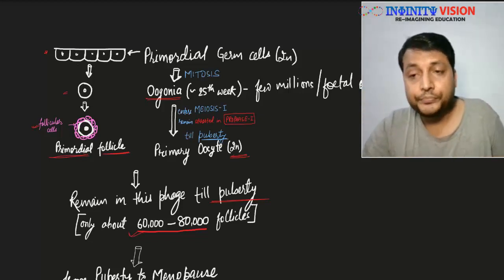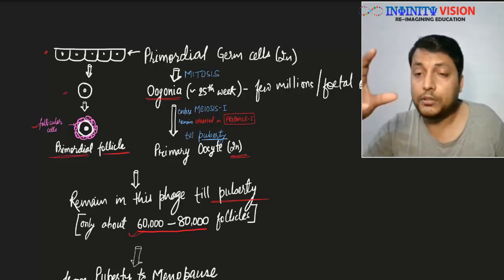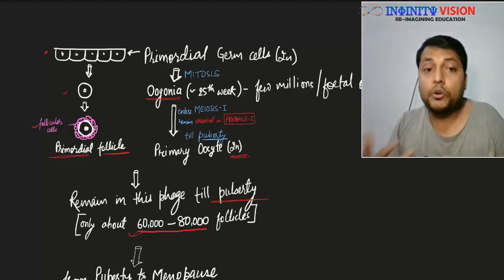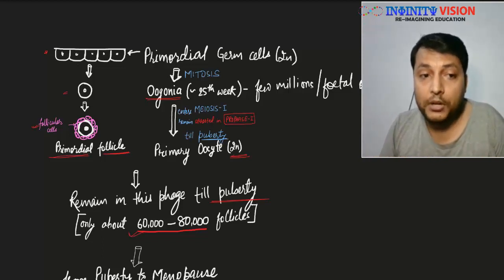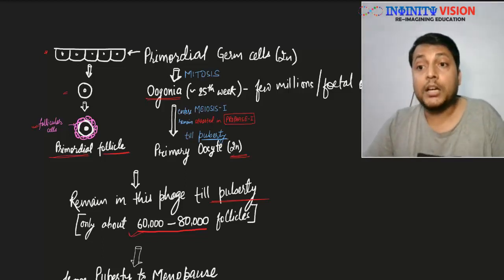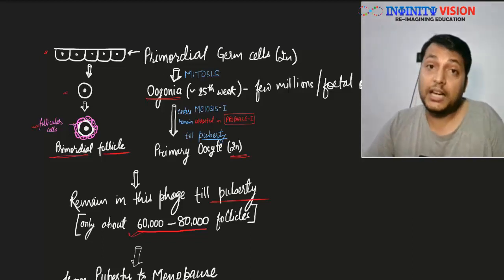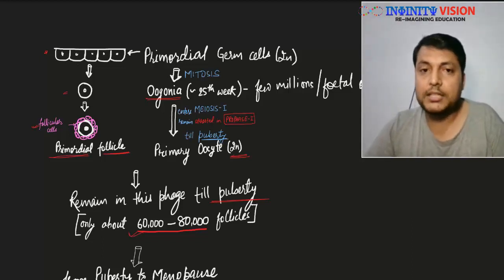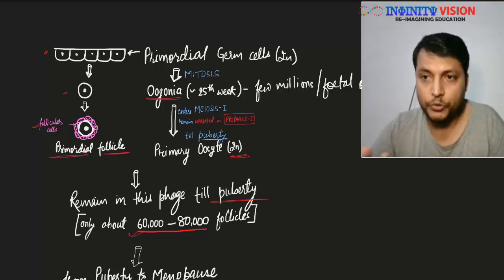During this phase of arrest, many of the primordial follicles or primary oocytes degenerate naturally. By the time a female reaches puberty, only about 60 to 80,000 primary follicles or primordial follicles are present in each ovary. Not more than this.